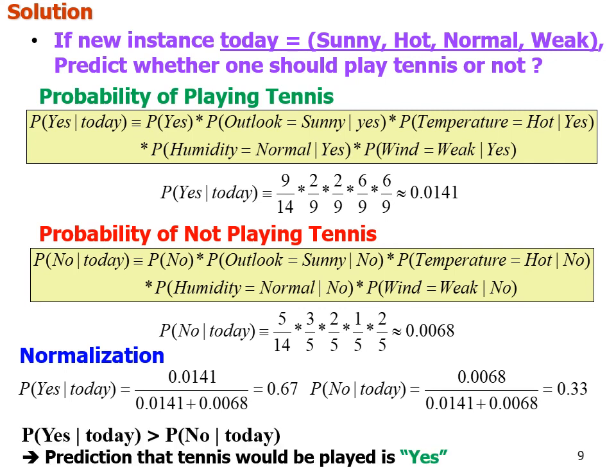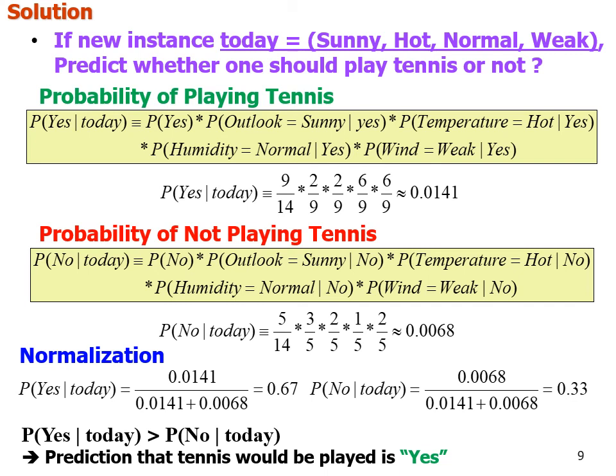So obviously probability of playing tennis today is greater than probability of not playing tennis today. So by comparing these probabilities, finally we may predict that tennis would be played today. That means prediction that tennis would be played is yes.